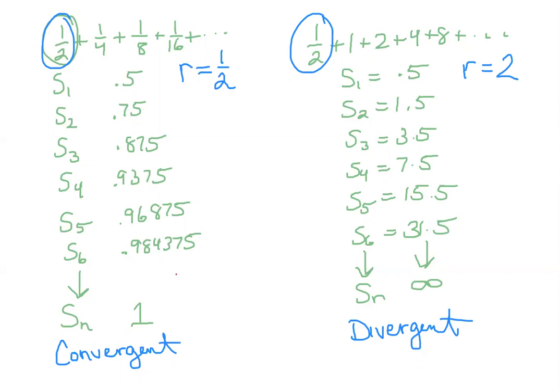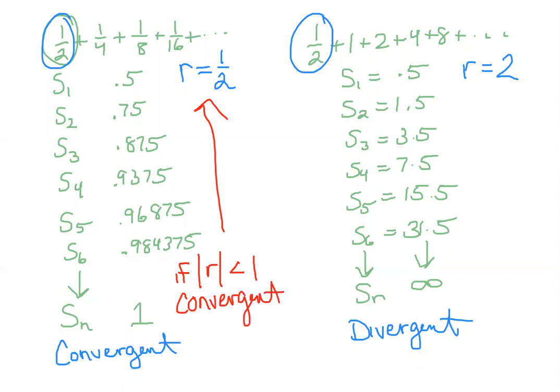If the absolute value of r, because we don't care if it's positive or negative, is less than 1, like this one right here, then it is convergent. If the absolute value of r is greater than 1, then it's divergent. And if it happens to be convergent, then we have a formula so that you can find the sum.